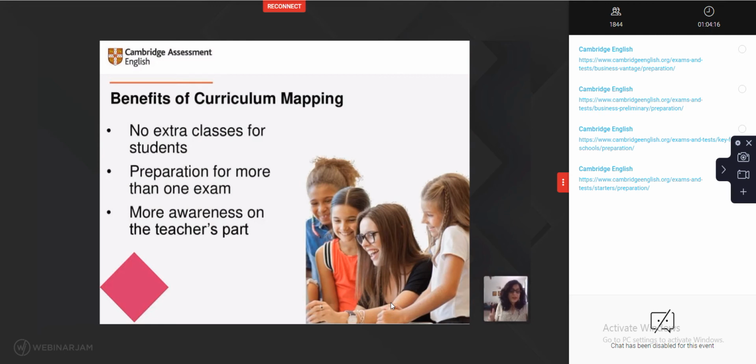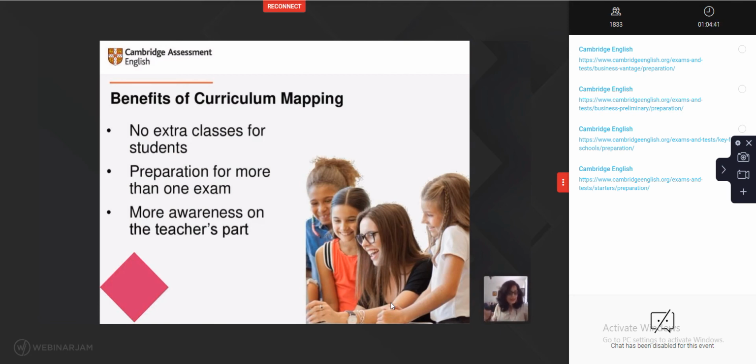The teacher becomes aware of global expectations and standards of language proficiency, international standards, which are expected from students, right? So she is introducing her student to language skills and functions that are a global requirement today for a certain proficiency level. And in the process of curriculum mapping, she's also increasing her awareness.